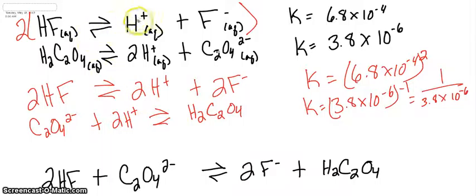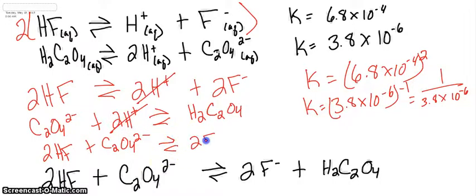So now we can go ahead and add these reactions together. So the H pluses cancel out because they're an intermediate step. So then we go ahead and add it up. That'll give us 2HF plus C2O4 2 minus goes to 2F minus plus H2C2O4.